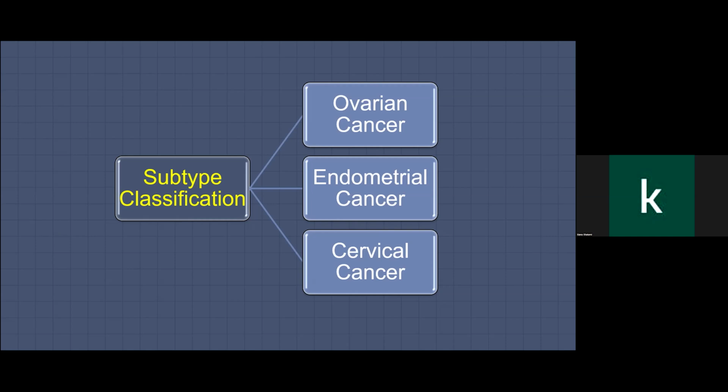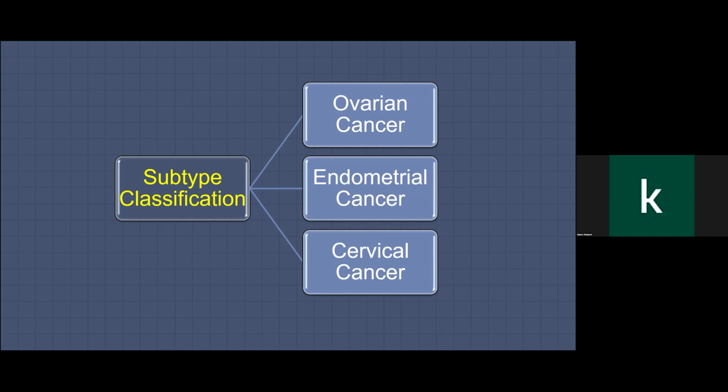Then in cervical cancers, there was a study which employed AlexNet, VGG, Xception, and ResNet as the algorithms, and it showed an area under the curve for internal validation from about 73% to 98%. There was also another study which used the EfficientNet B0 algorithm for the classification of cervical cancers, and the result showed an accuracy of 94%.